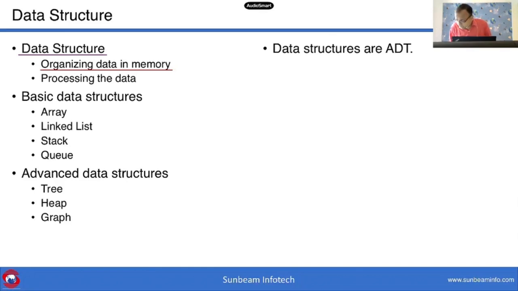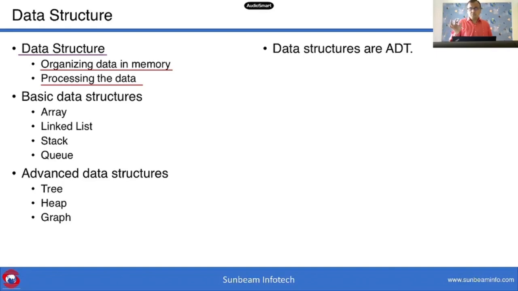And secondly, processing the data. Whatever data is available, you just do not want to see the data. You want to do certain operations on that particular data. So, how the different operations are to be performed on that data.